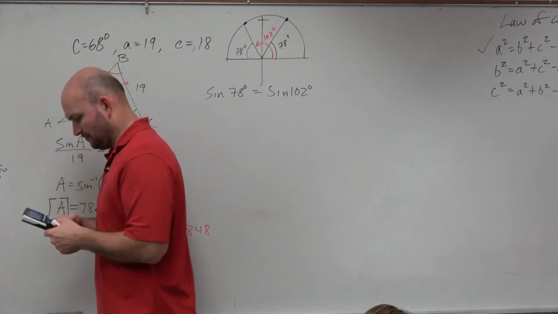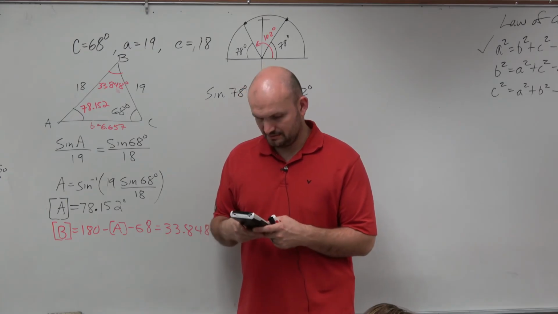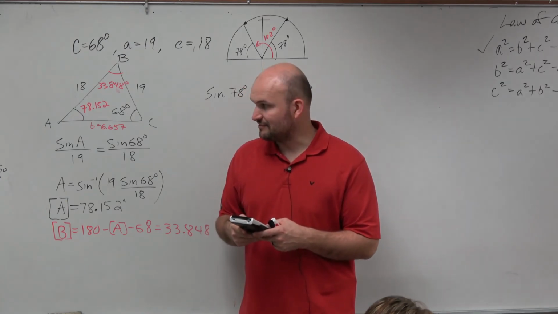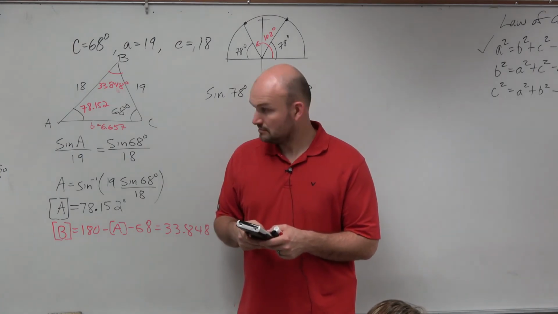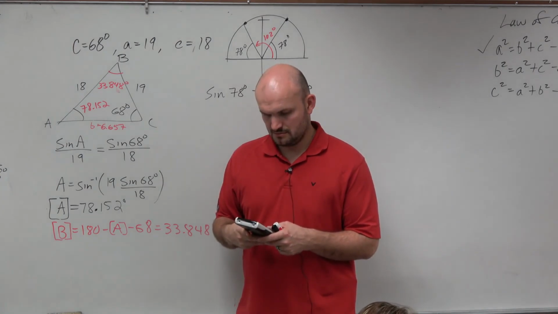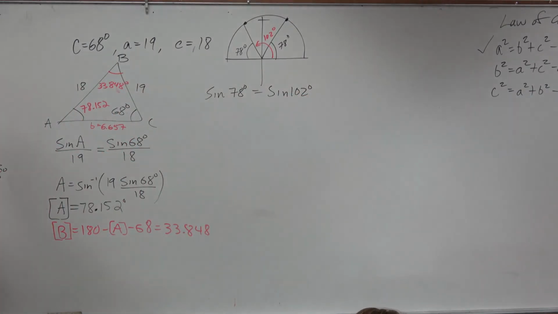So the sine of alpha b times 18. Did you guys divide it by sine of 68? OK, there we go. I don't know what I typed in wrong. Thank you. Oh, good catch. So that's 10.813.